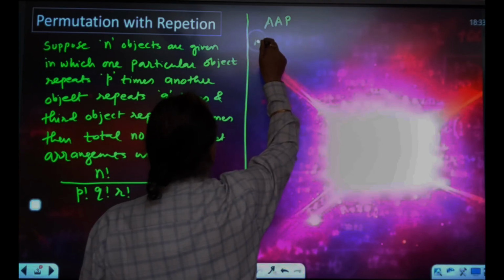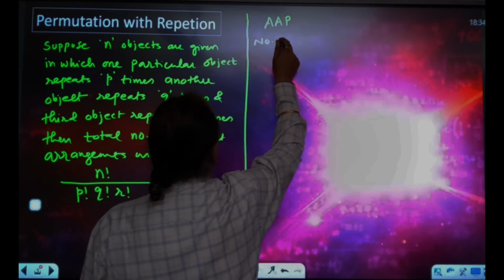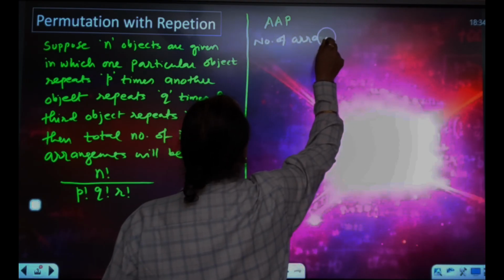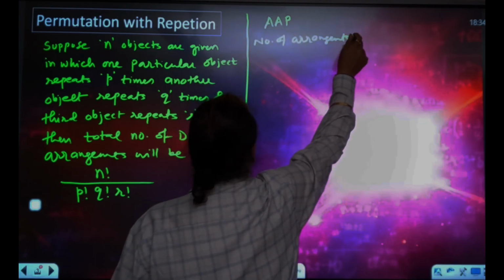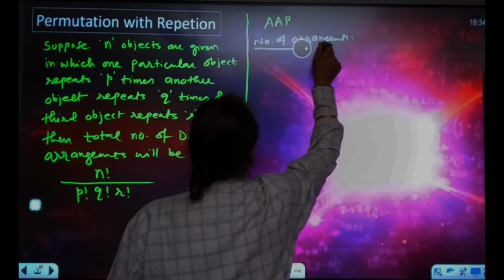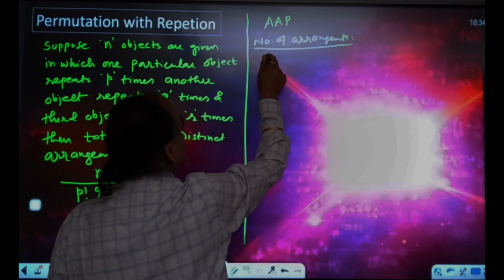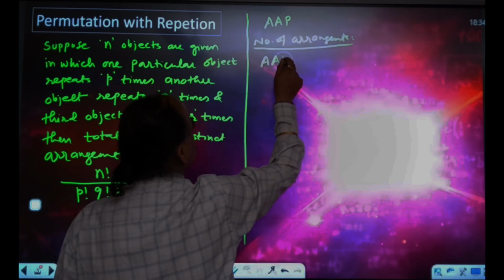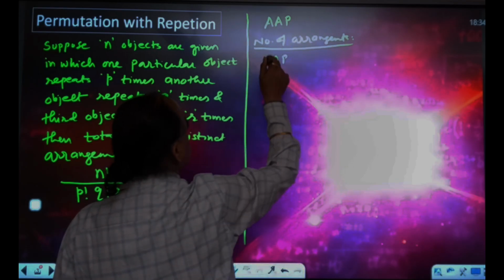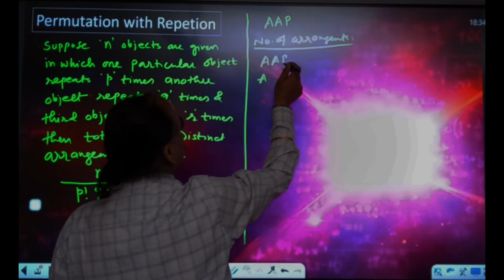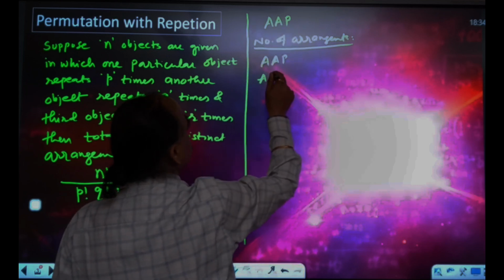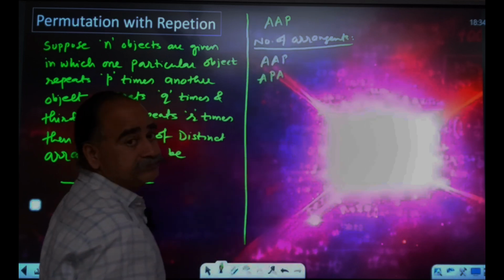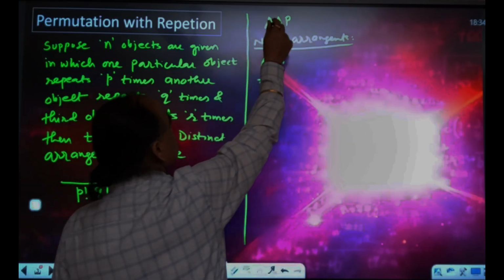Number of arrangements will be: this A you keep as it is, then A, P. This first A you keep as it is. Now interchange A and P: P, A. Now we'll take second A first.